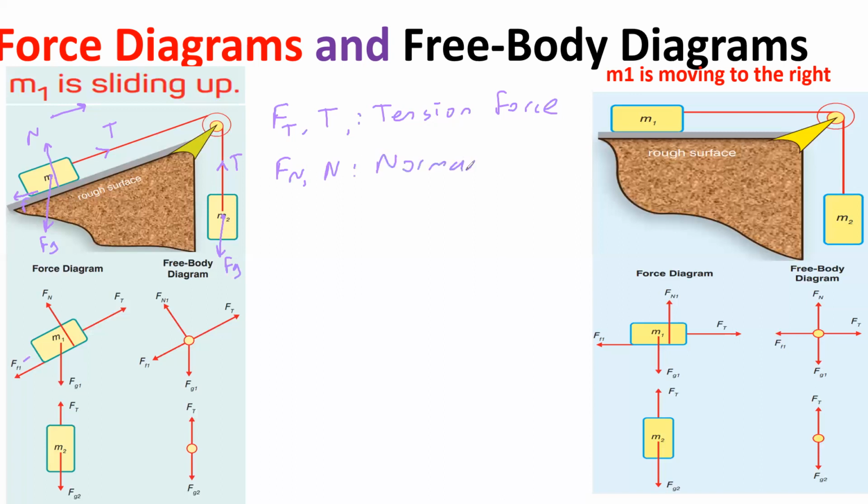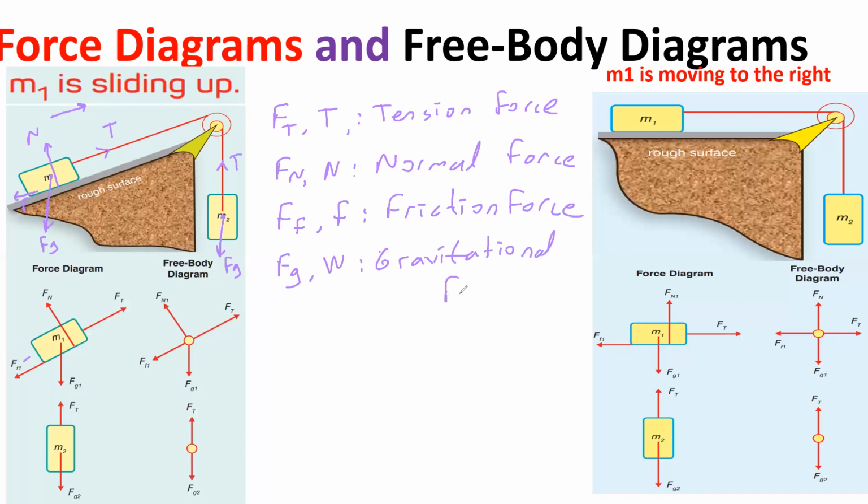We should write all names. We must label them, otherwise you are losing your 1 mark. So F, or just small f, friction force. I'm writing names of all forces. What else do we have? Fg, or you can show it with another symbol, gravitational force.